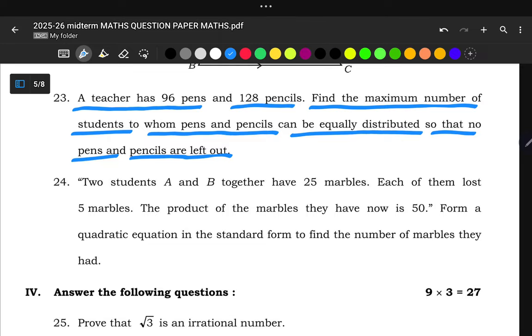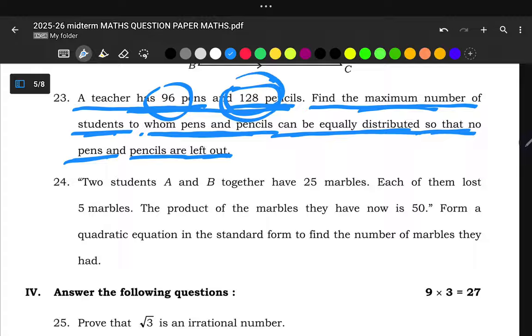Okay. See, look at here. Are you able to form two equations from the given data? See, 96 pens given and 128 pencils given. You are unable to form two equations. To form two equations you need two pieces of information, but there is only one information, that 96 pens and 128 pencils are distributed equally among the students.